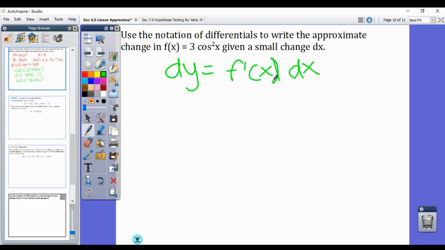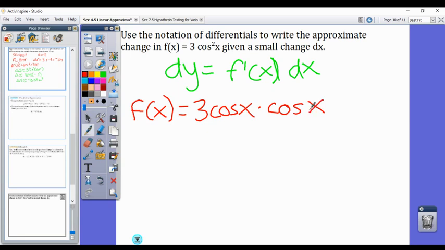So the first thing that I'm going to do is find the derivative of f of x. Okay, so I'm going to rewrite my function to say 3 cosine x times cosine x. This just helps remind me that I need to do the product rule. Okay, so the derivative of cosine is negative sine.